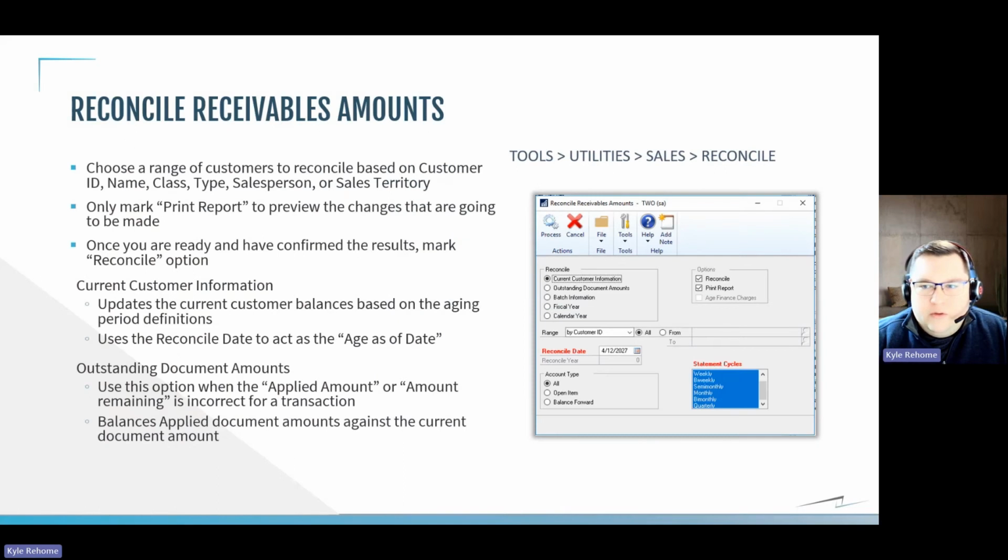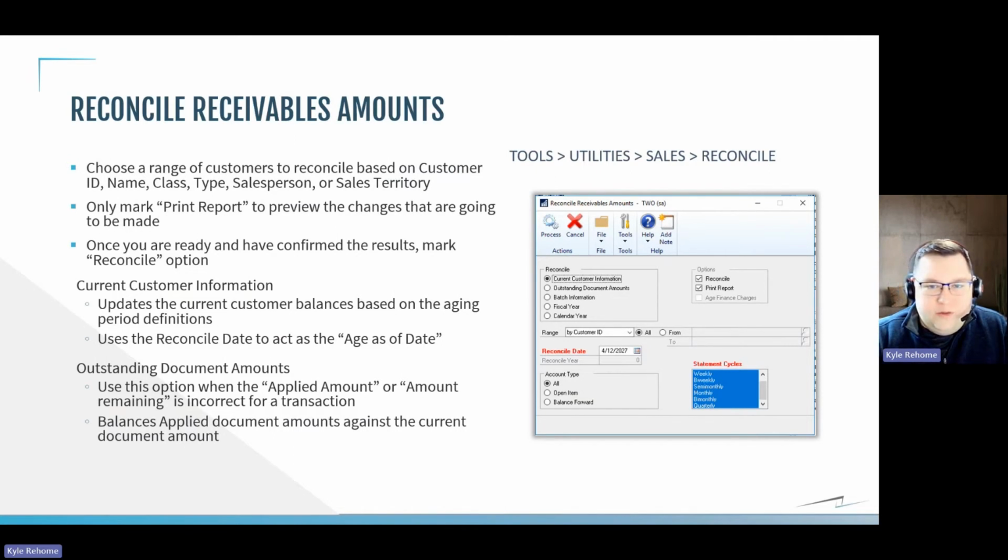And now moving over to the sales side of things, we've got the reconcile receivable amounts. So this is under utilities, sales, and then reconcile. Similar to our purchasing reconciliation, we can choose to reconcile a range of customers. So we can select a specific customer ID, name, type, reconcile by salesperson or sales territory, whichever you may be needing.